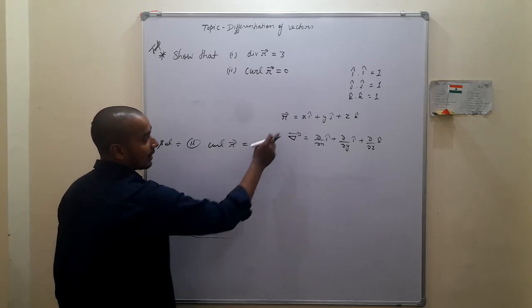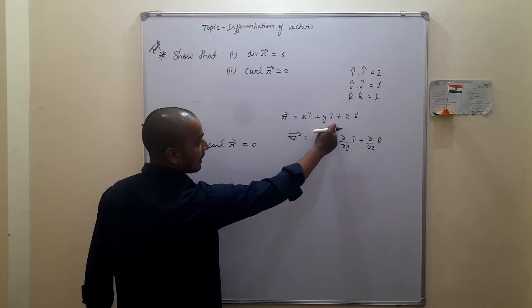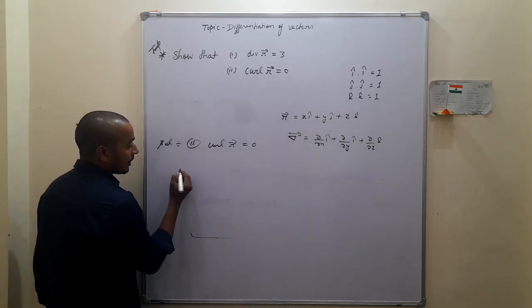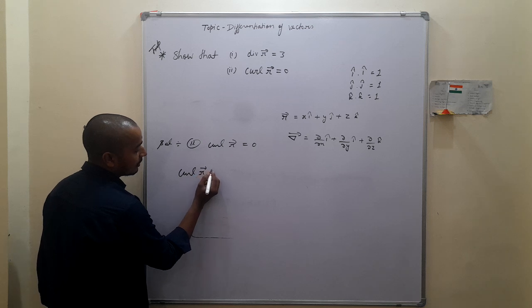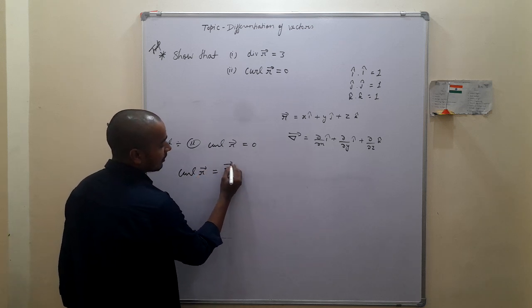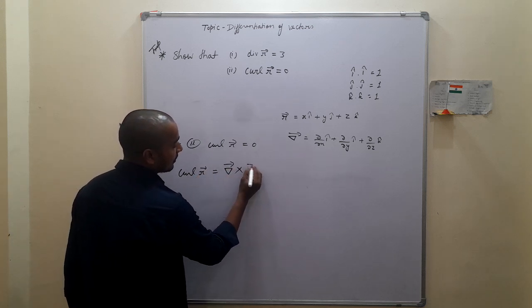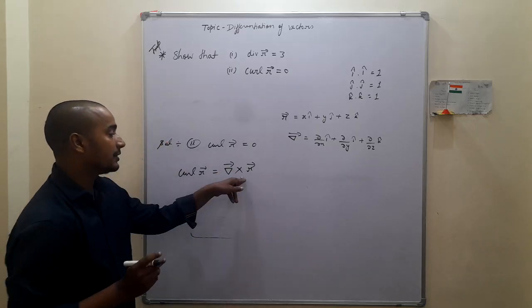We know that R vector is given by x i cap, y j cap plus z k cap, and curl is given by del vector cross with R vector. We have to find this result.